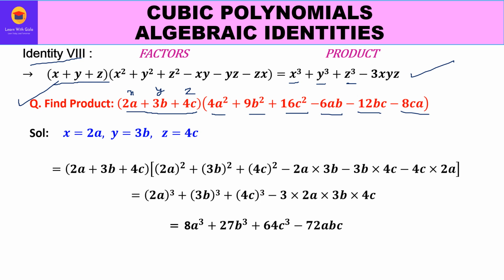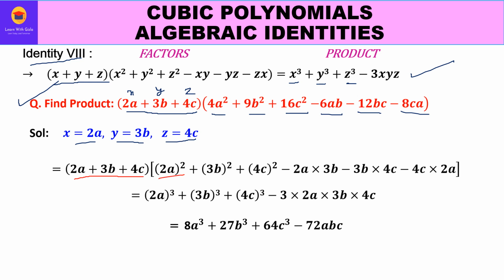So isn't your x 2a, y 3b and z 4c? From the first factor itself, we will get x, y and z. Now further you can also write it in this form of factors, 2a + 3b + 4c. The question is given to us, and further little bit simplify this bracket.